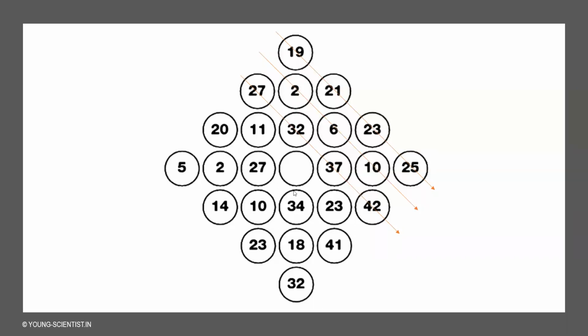Then you can see the next layer, 20, 27, 34, 41. The difference is 7. The next one, it's 9. And the next one, it's 8. And the last one, it's 9.